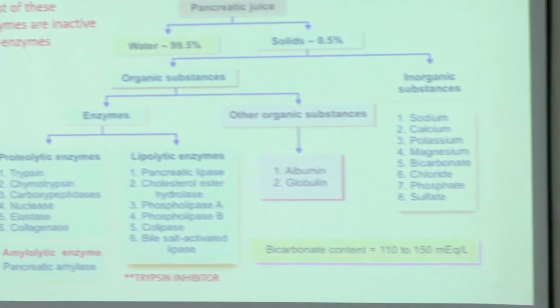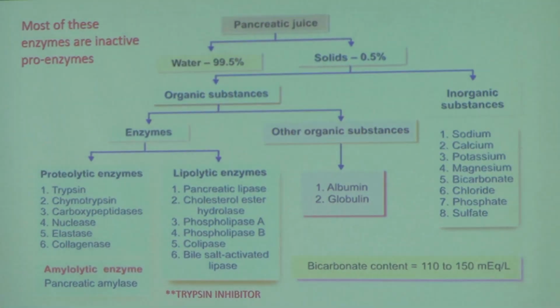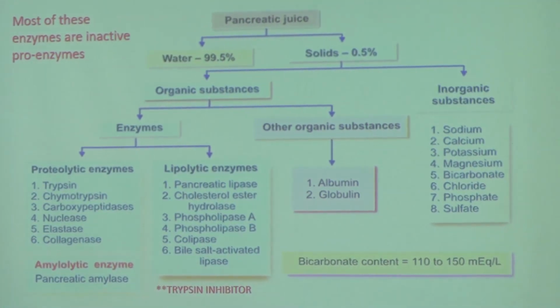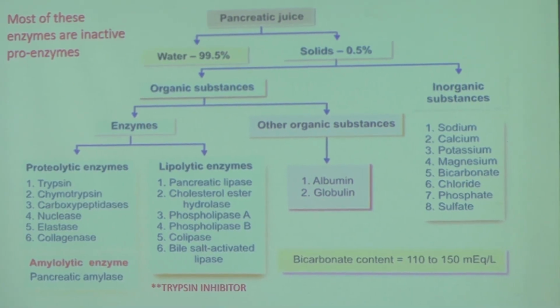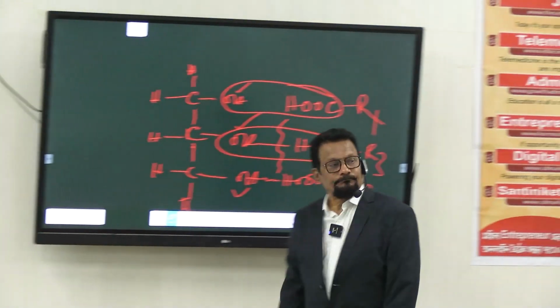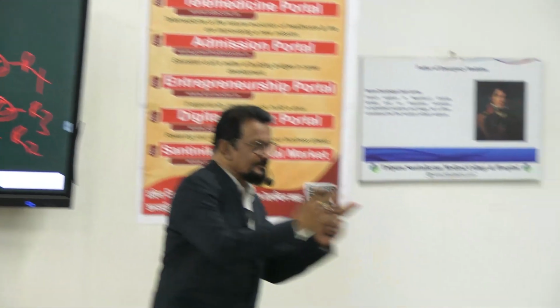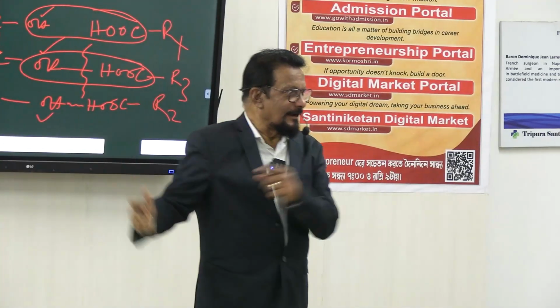Pancreatic lipase, with the help of colipase and with bile salts as cofactor, will hydrolyze these bonds. One fatty acid will be separated, and what will I get? Diglyceride.